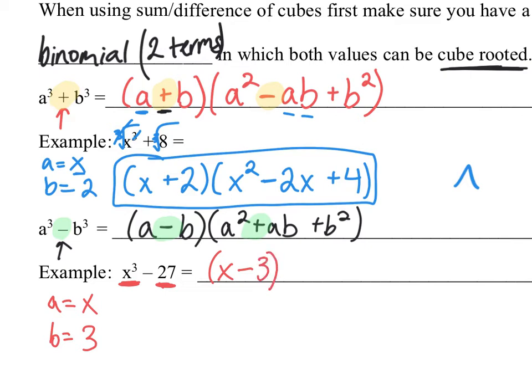Close parenthesis. a squared is just going to be x squared. Now we're adding a times b, so x times 3 is 3x. And then we add b squared. What's b squared? 9. And we close the parentheses and we are done.